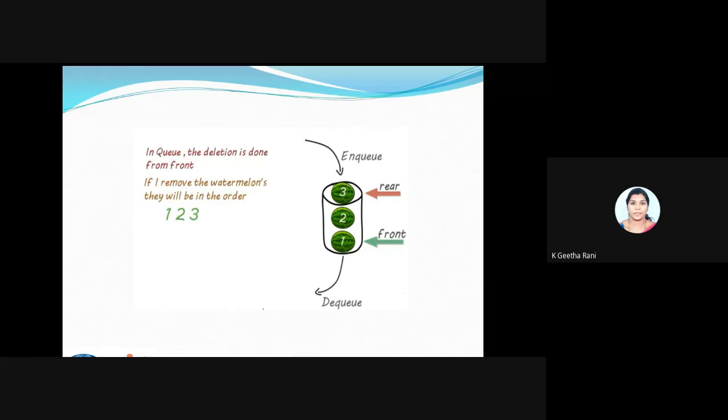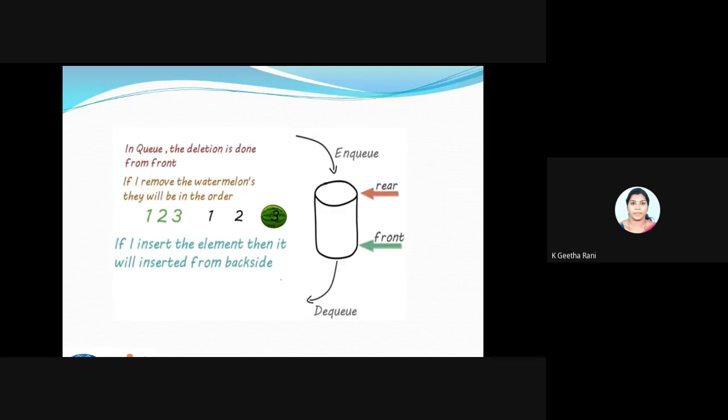Always my deletion happens at the front end. If you want to remove the watermelons, they'll be in the same order, like 1, 2 and 3. In which order the values have been inserted, the same order the values will be deleted.